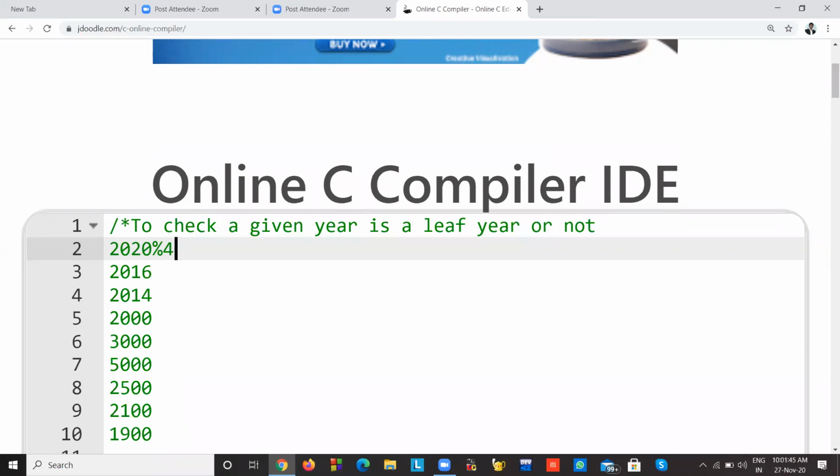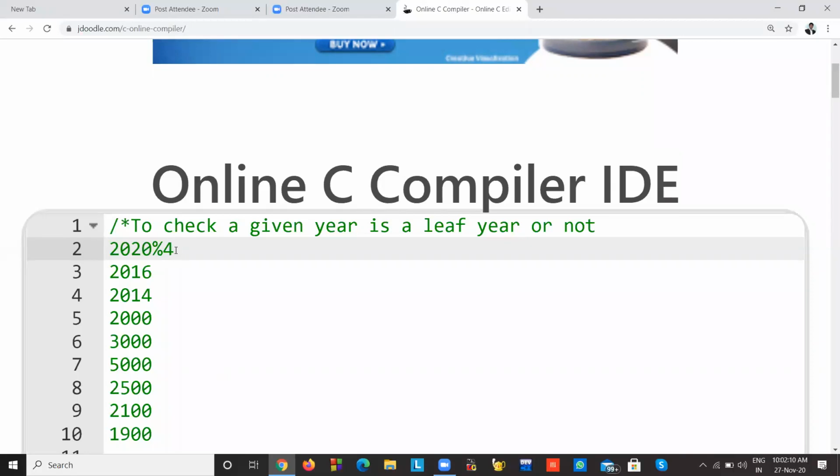I hope you know the meaning of the percentage symbol. It gives the remainder when two integers are divided. You should remember that this operator is applicable between two integers only. We cannot apply the modulo operation on other data types, only on integers.